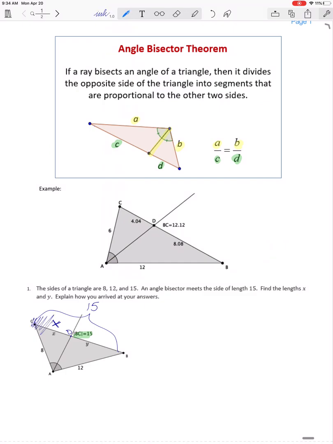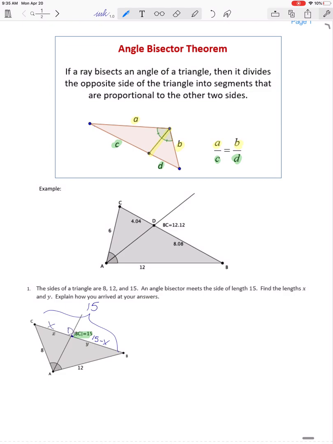If I was to take away CD, I would be left with DB. So can I do the whole thing minus CD, which is just X? And that would give me that side. So let me get this back here. So I had this as D, and this is X. Okay.